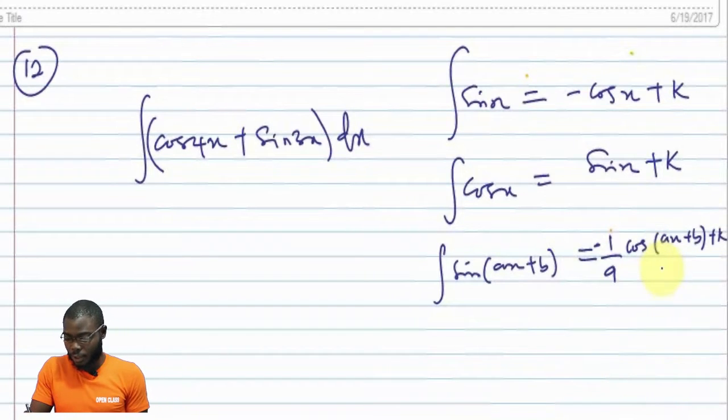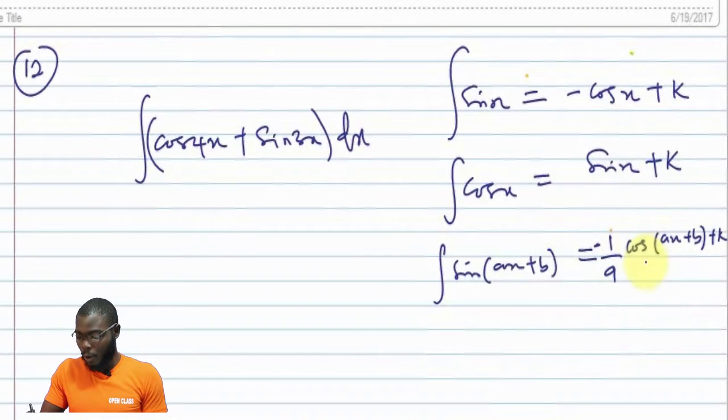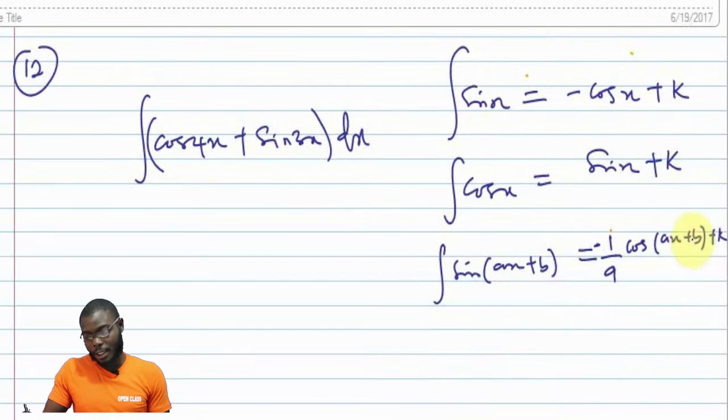So in essence, we have the negative reciprocal of the coefficient of x, then cos of ax plus b, where b can be any constant and a can be any coefficient.